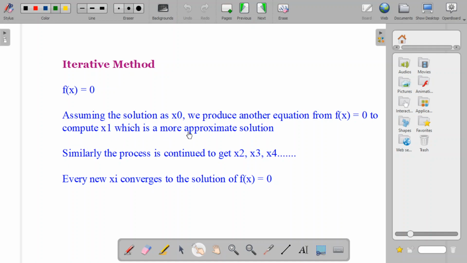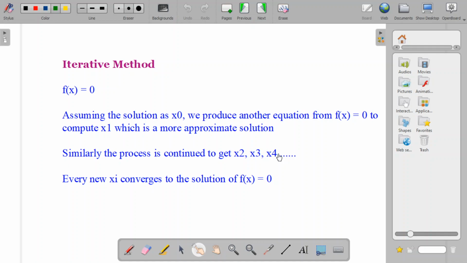Then this process is continued: using x1 I find x2, then using x2 I find x3, and the process continues. As we go on, it is very interesting to see that these values converge. That is, the differences between the found values become very small.